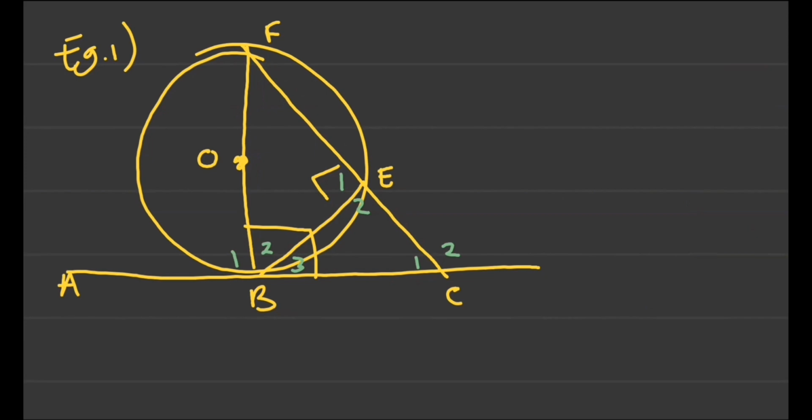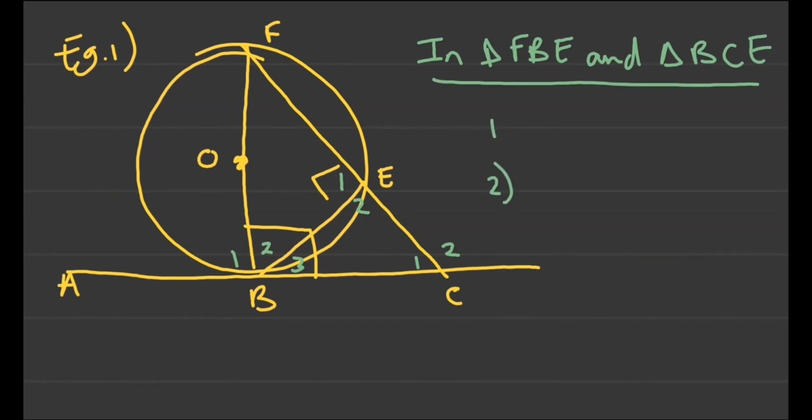Now I want to prove that triangle FBE is similar to BCE. And again, I'm just going to use the same process I did for the previous one. I want to show two angles are equal to each other. And once I've shown those two angles, we immediately assume that the third angle is also equal. And then we just say, therefore, these triangles are similar. Okay.